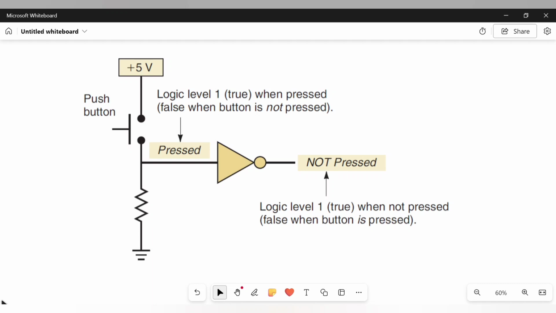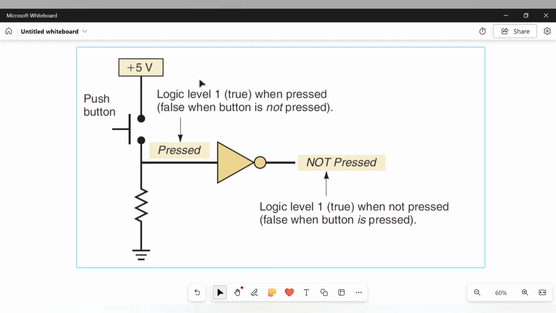Now, this represents what it implies. When we press this button, that means logic level 1, and then the output becomes not pressed, which is logic level false.